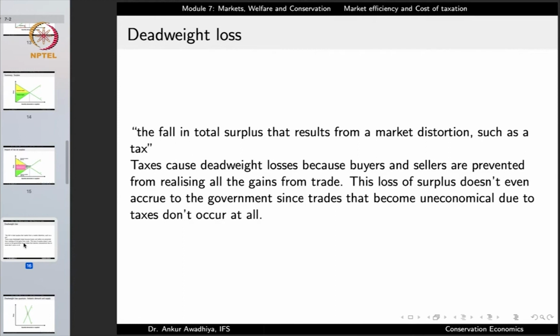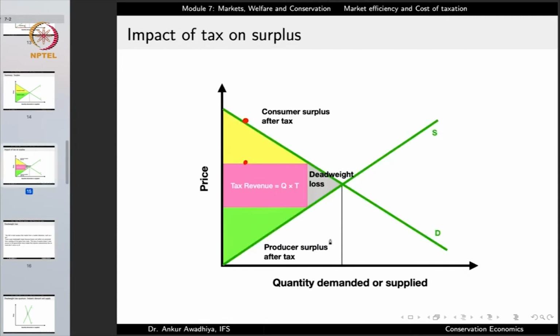This loss of surplus doesn't even accrue to the government, since trades that become uneconomical due to taxes don't occur at all. What we are saying here is that earlier, if we look at a point, say this one, on this line, where the line touches the supply curve, this was the cost to the seller to produce the good.